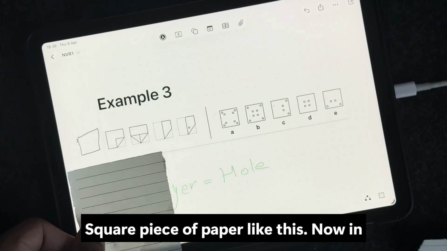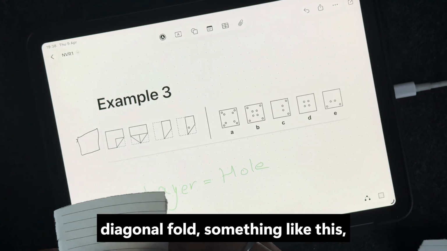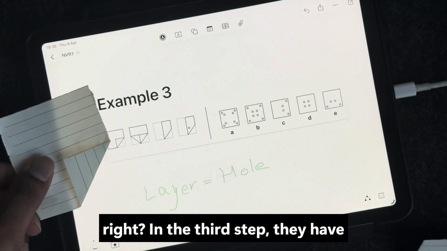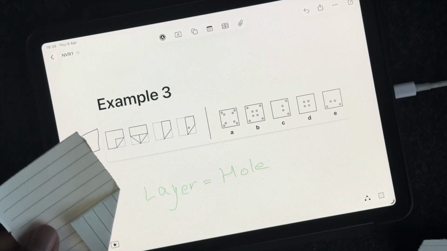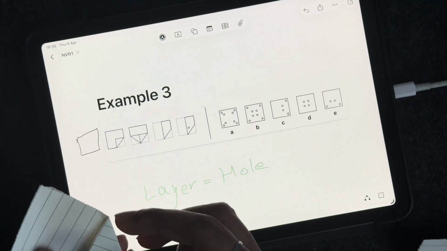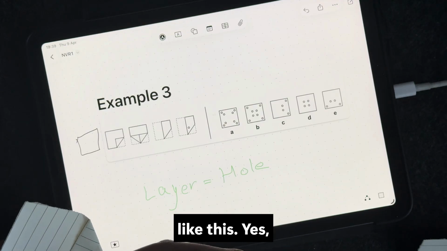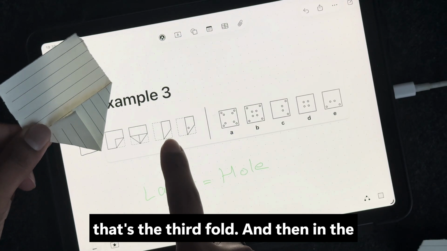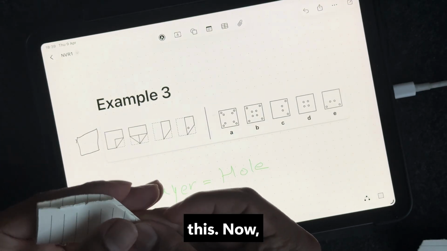Now in the first step, they have made this diagonal fold, something like this, right? In the third step, they have folded it again, like this. Yes, that's the third fold. And then in the fourth step, they have halved it like this.